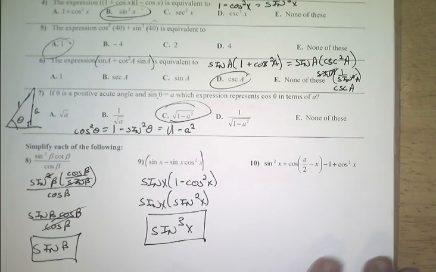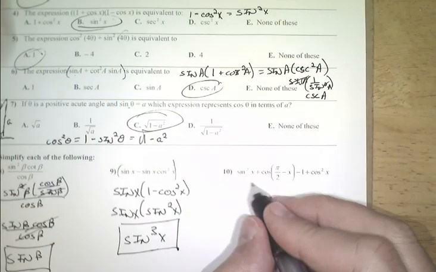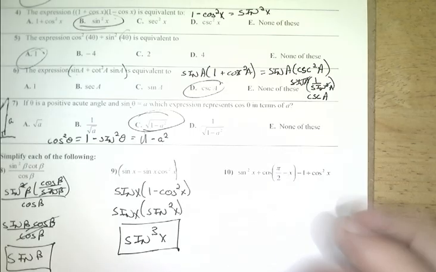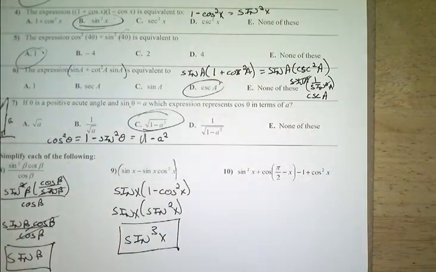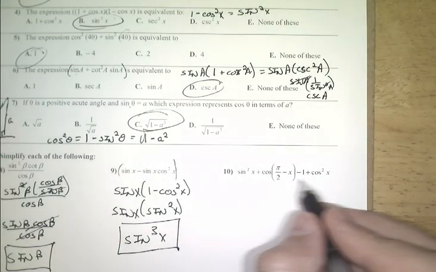And the last one here. So sine squared of x plus cosine of pi over 2 minus x minus 1 plus cosine squared x. Okay, so let's see what we got here.